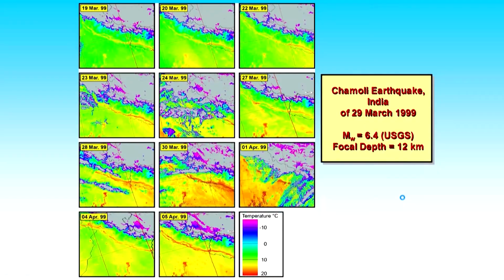After a few years we got access to this data again through the NIO Goa station, and what we observe here is that the earthquake epicenter was here, as you can see in a circle, but the anomaly was seen in the form of a line, and that too maybe 60-70 kilometers south of the epicenter. That really perturbed us for some time: how is it happening, why is it happening.